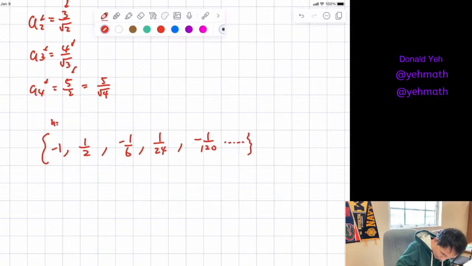This one's n equal to 1, n equal to 2, n equal to 3, n equal to 4, n equal to 5.